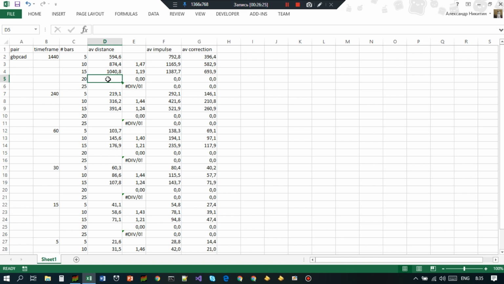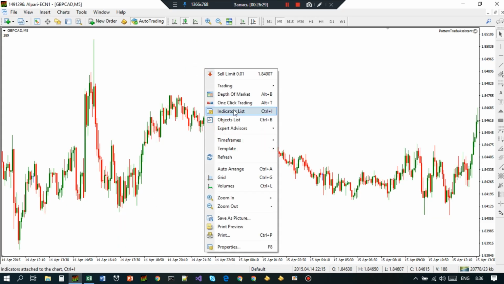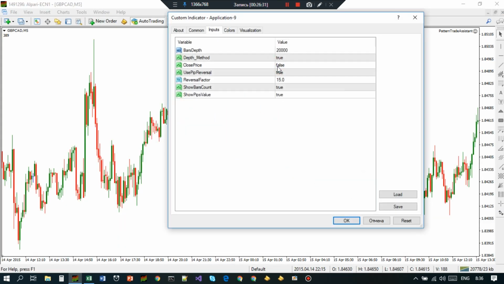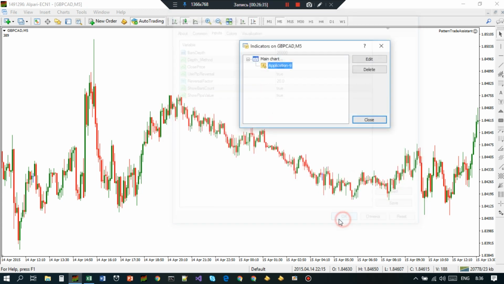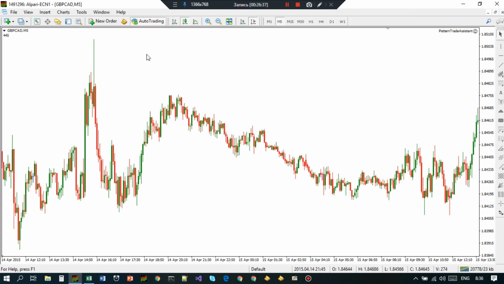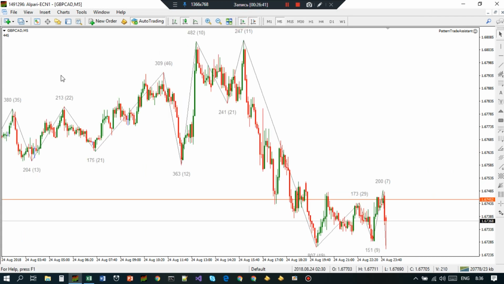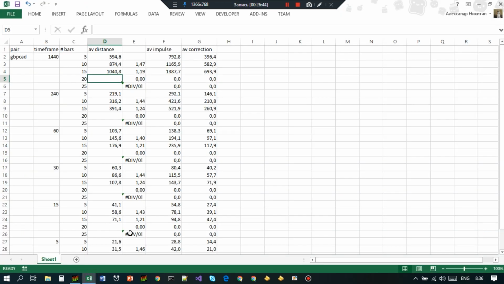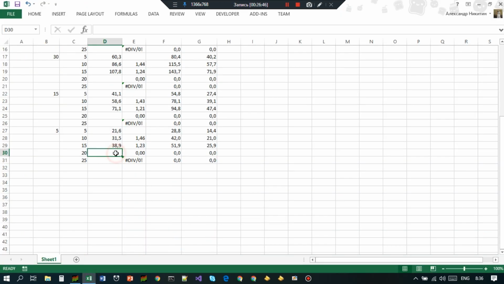Okay, let's continue. So what we'll do, we'll switch to 20 period. And the 20 period algorithm says this. It says 44.5 on 5 minute, which is 1.14.